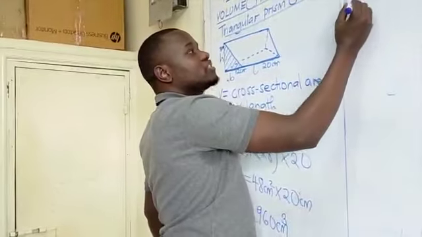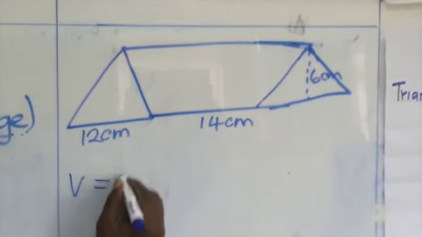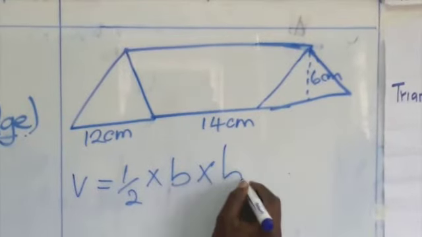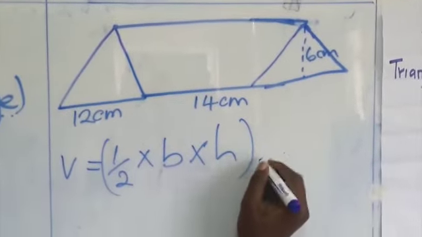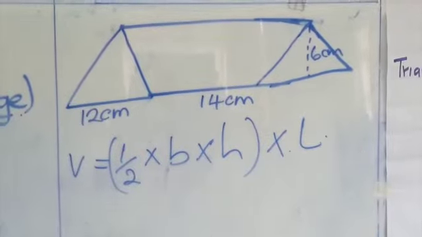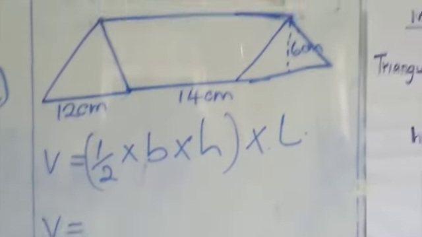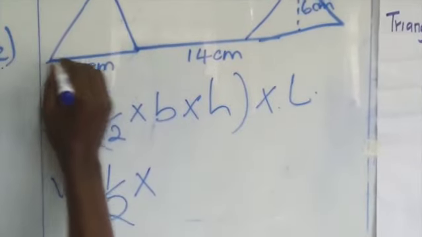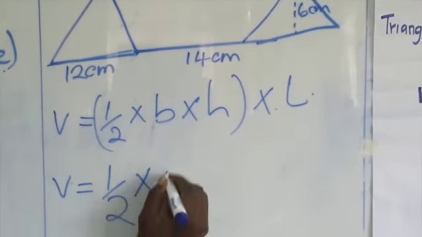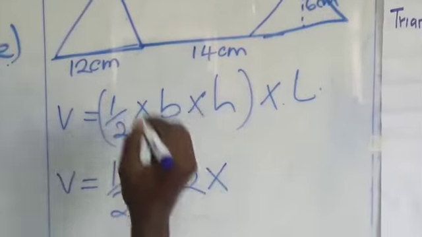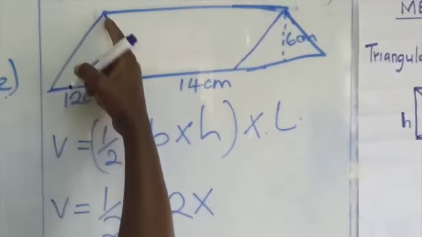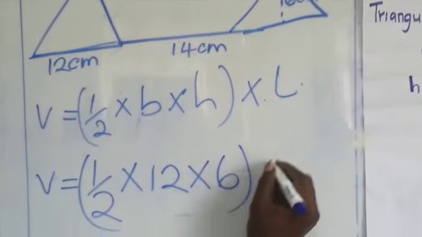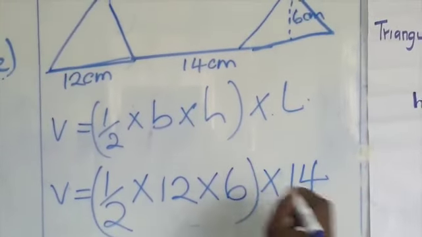The base of this triangle, we say volume is equal to a half times the base times the height. Then after getting this, you're supposed to multiply by the length. Our volume here should be a half times our base here. Candidates, our base becomes 12 times our height is what? Now, the height is not given here, it's given here. So use 6 centimeters. Then you multiply by our length, which is 14.